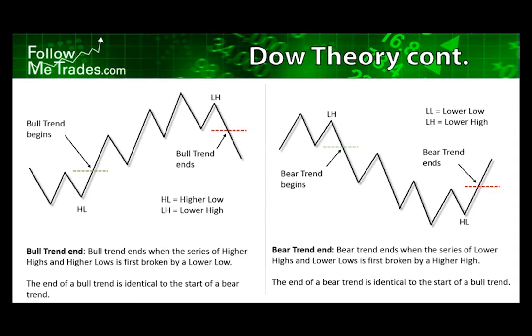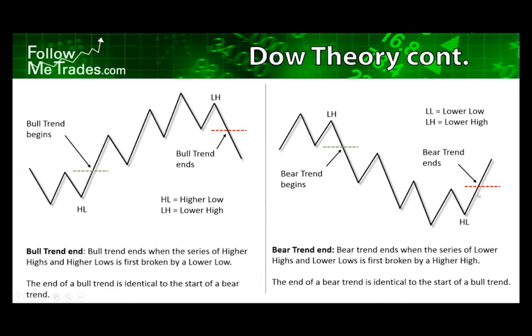So the bull trend ends when we've had a series of higher highs, higher lows, and we put in a lower high, and then we come and take out the previous low. That's a signal that the bull trend is ending. And you can see in a bear trend, same thing.